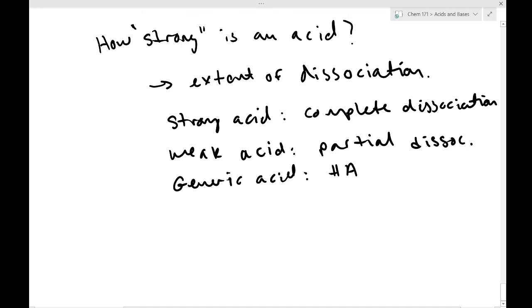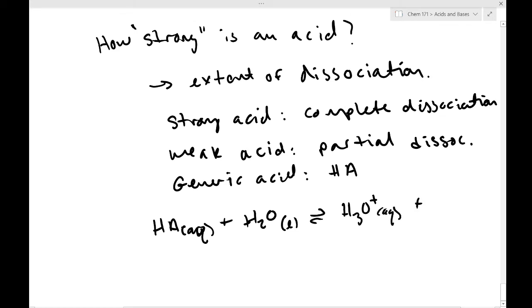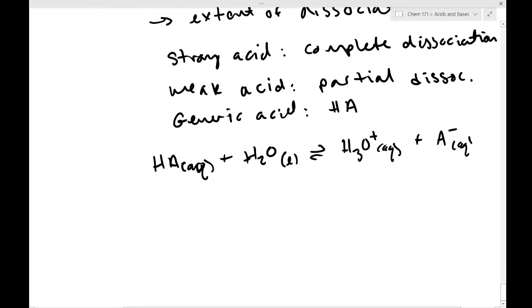If we react HA with some water to form H3O plus and A minus, the strength is represented by this type of reaction.